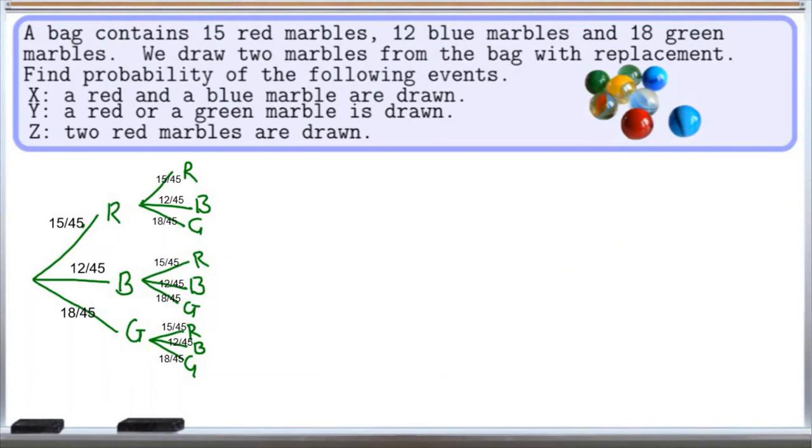For event Y, it says red or a green marble. So this is the opposite of just blue. So probability of Y equals 1 minus probability of no red or green.